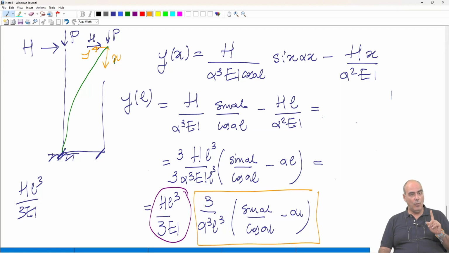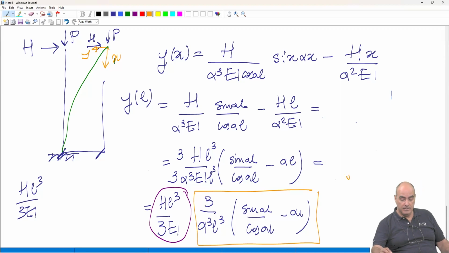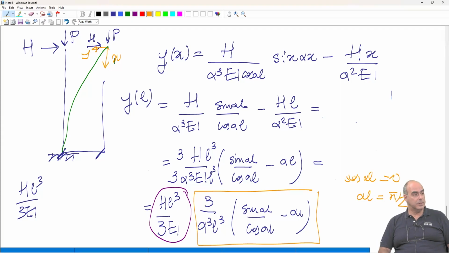There is one important consideration that we have to make. You see here I have at the denominator the cosinus of alpha L. Cosinus of alpha L can be 0 for alpha L equal to pi over 2.